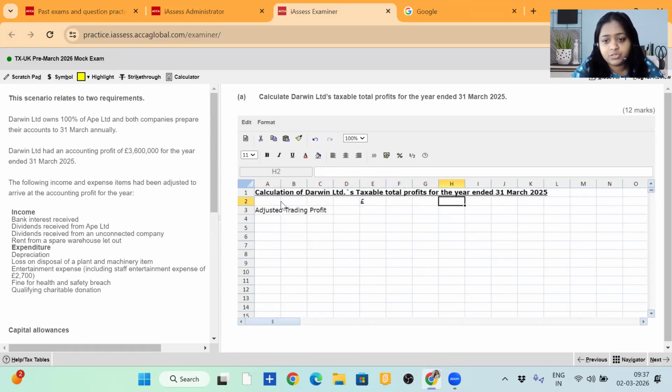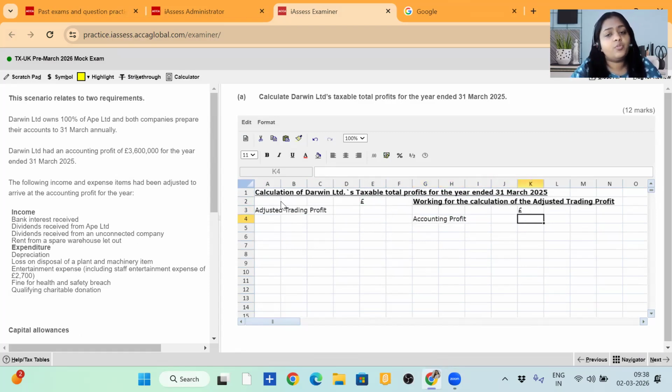And here I will do the working. Okay, again we can just copy paste the symbol here. And I'll start with the accounting profit.